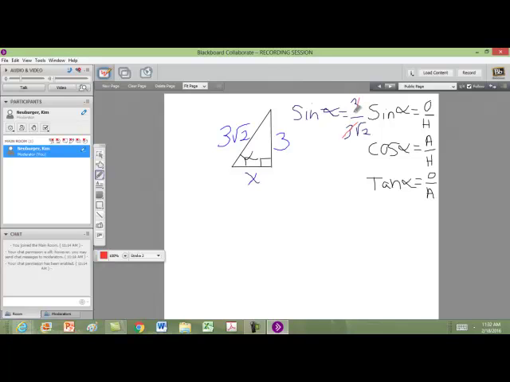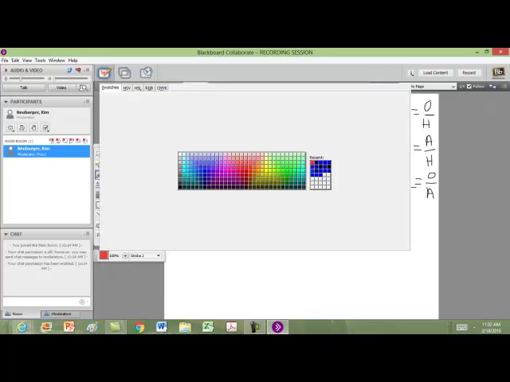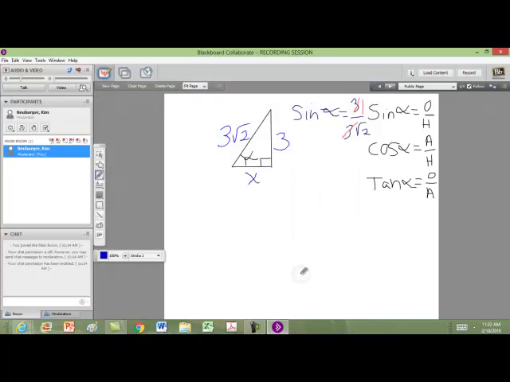So 3 goes into 3 once. That makes this ratio turn into 1 over square root of 2. But we've found out now that we don't want to leave the square root of 2 in the denominator of a fraction. So we need to rationalize the denominator.